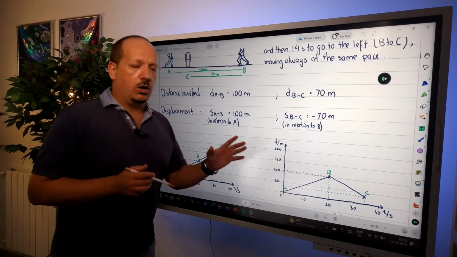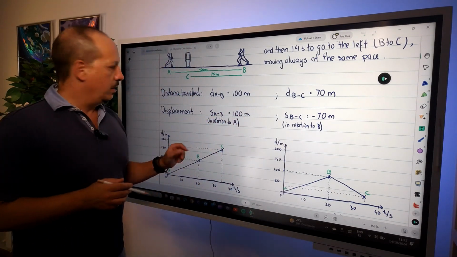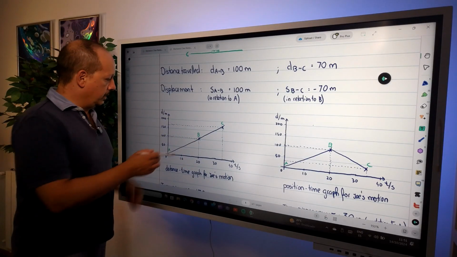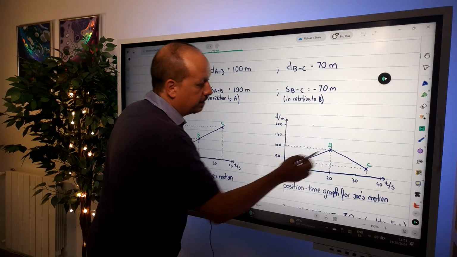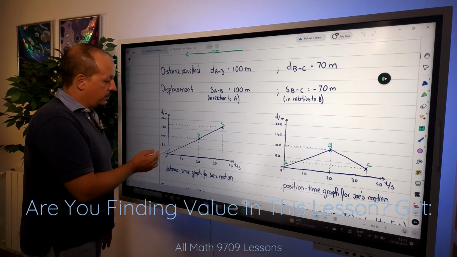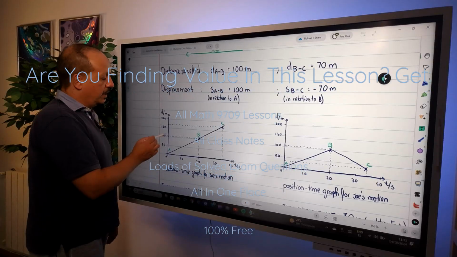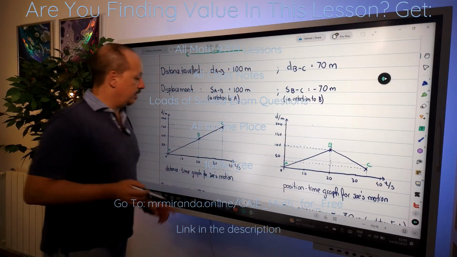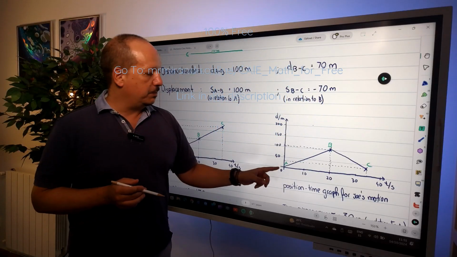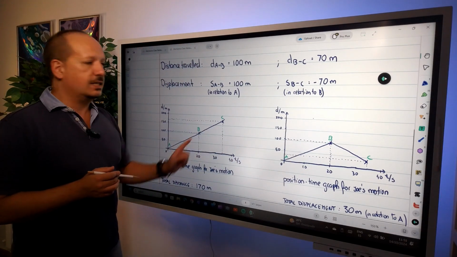If we try to draw a distance time graph and a displacement time graph of these two, you have graphs that are different. Actually, from A to B, as you can see here, they are the same. They are both positive, so as time passes from 0 until 20 seconds, they both covered 100 meters, and for the distance, the direction doesn't really matter, but for the displacement, it is in a positive direction, so the graph would be similar to the distance.